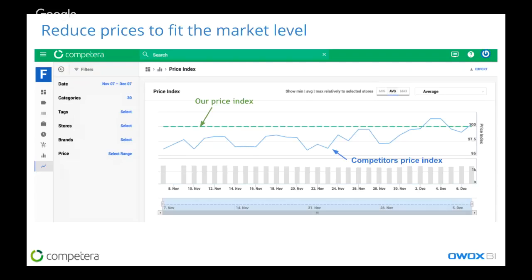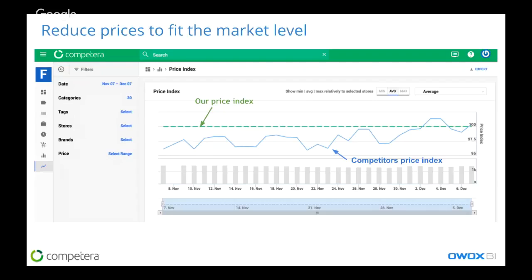And we know who our key competitor or group of key competitors is. And we started a campaign of decreasing the prices for our top items, or a selected group of items that we would like to track here, in order to fit the market. And at the end, we have a visualization that we achieved this goal.